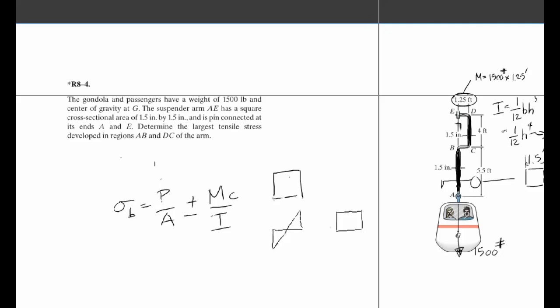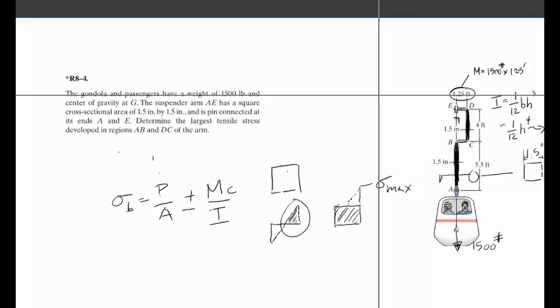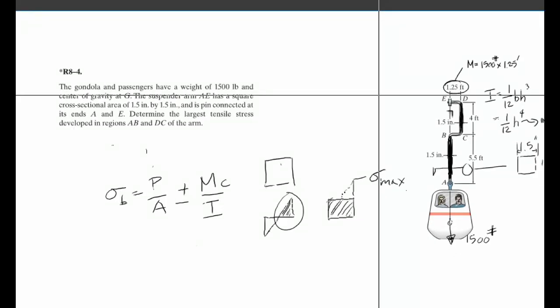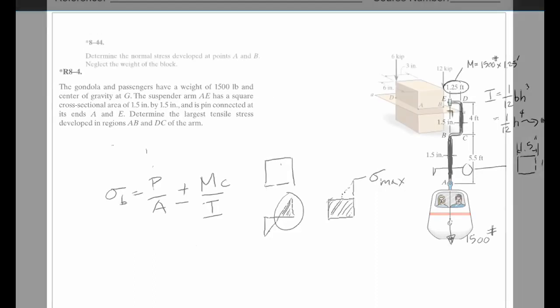The maximum would be this plus that. You would take that and push it up that way, and it will take away from that. So that is going to be your stress max, if that all makes sense. Okay? All right, well, good luck.